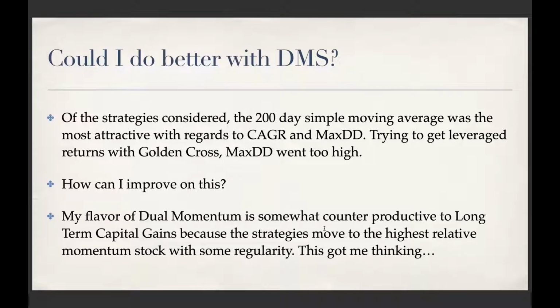So I started thinking, how else can I approach this beast of trying to get longer hold times and getting more long-term gains. In general, the reason dual momentum tends to not have stellar long-term gains is because of that second, the relative strength aspect. Whenever you have two or more investment options that you're considering to invest in at the end of every month, you're going to switch off, right?